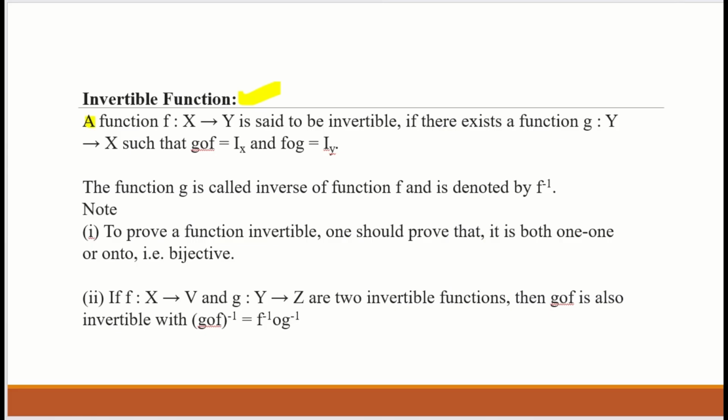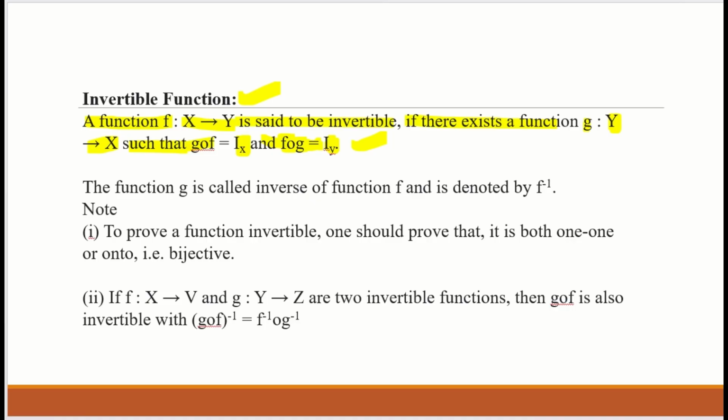A function f from x to y is said to be invertible if there exists an inverse, that is, a function g from y to x, the reverse of this one, such that g composite f is equal to Ix and f composite g is equal to Iy. This is only the definition. How to prove invertibility, we will say by another method. But first, what is an invertible function?